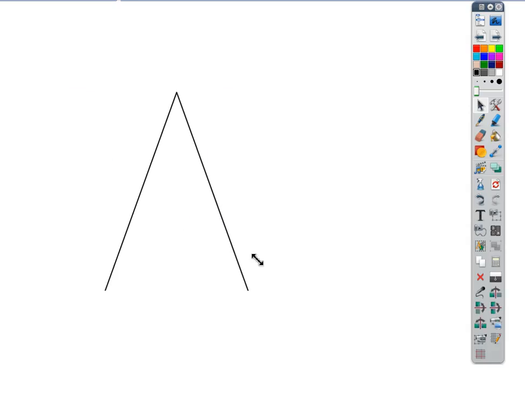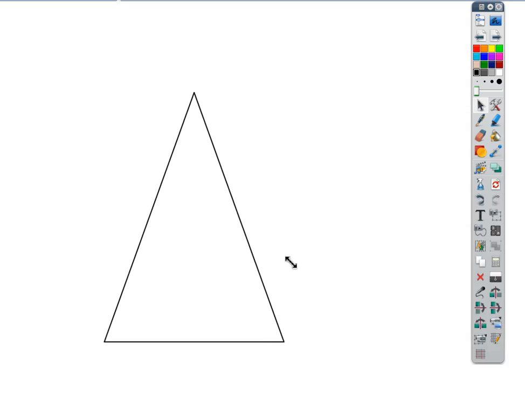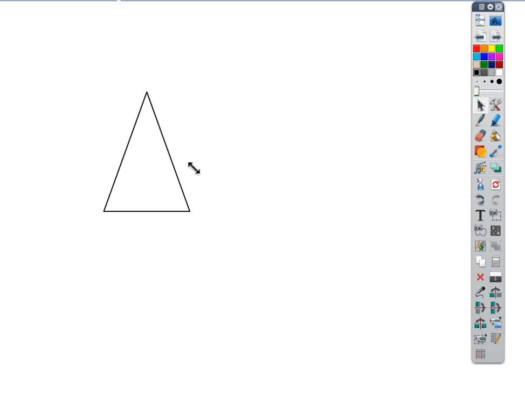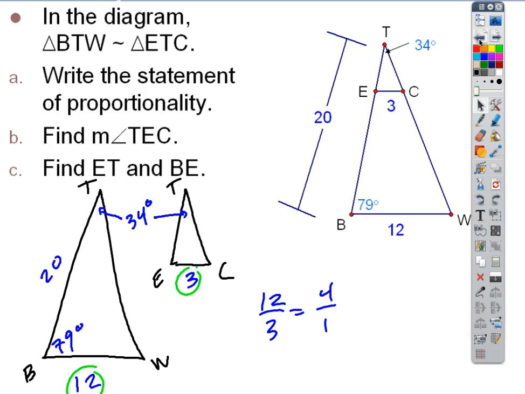If I scale this thing up, notice what happens to the angles. They stay the same, right? The sides get bigger, but the angles all stay the same, right? Does that make sense? Okay, so we know then that this has to be 79 degrees.